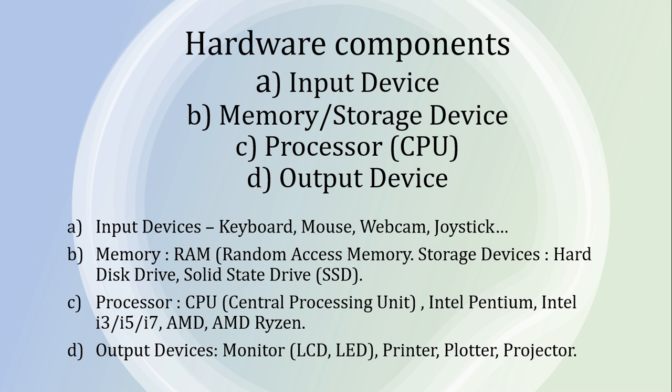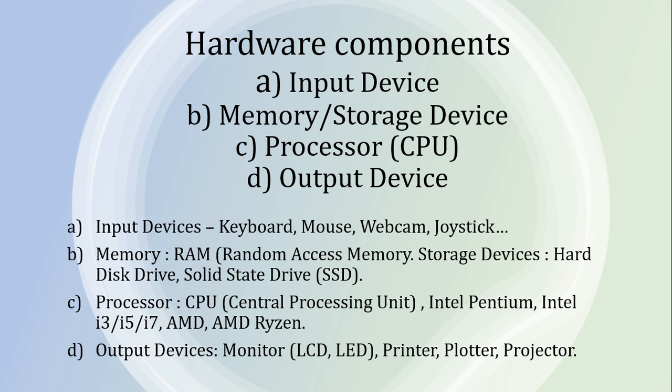And the permanent storage devices are the hard disk drive and solid state drive. They store data permanently. Processor, CPU, central processing unit, is the brain of a computer.